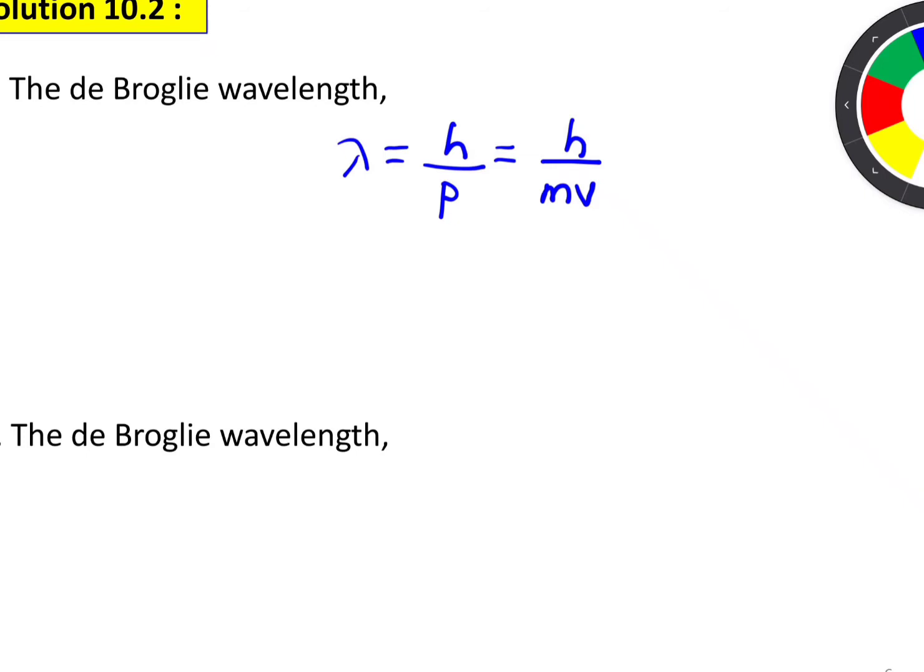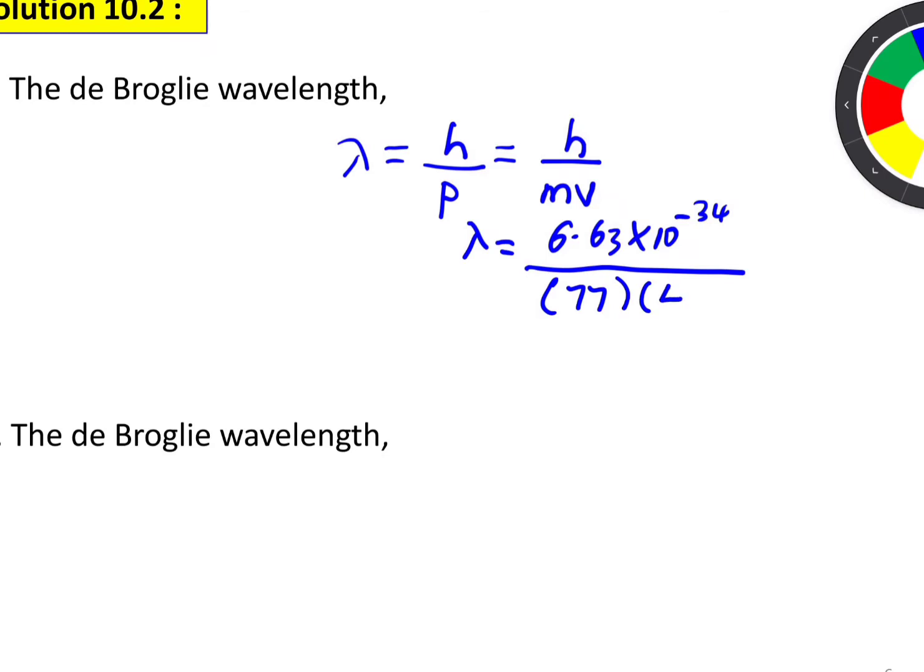Lambda is equal to 6.63 power of negative 34 divided by mass 77 times dengan 4.1. So you get the answer is 2.1 power of negative 34 meter. So kita dapatlah lambda dia 2.1 darab 10 negatif 34 meter.